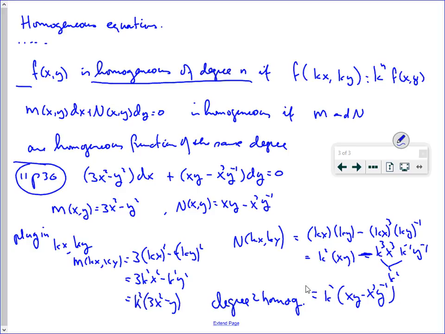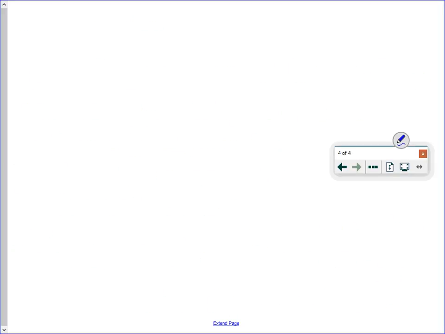So let me start a new board and write the problem down again. Now, we're really not going to use the degree of homogeneity here. It's just that they are homogeneous. If one of them was a degree 2, the other has to be a degree 2 as well.